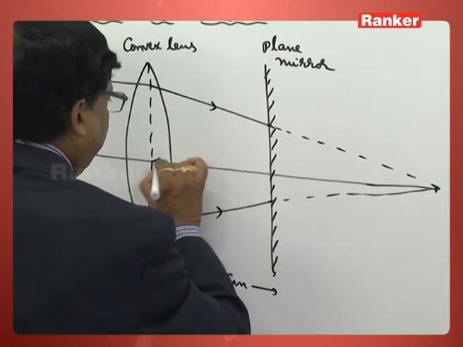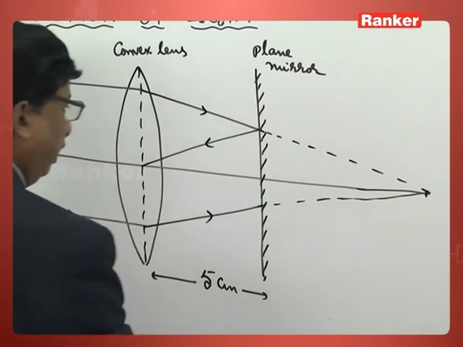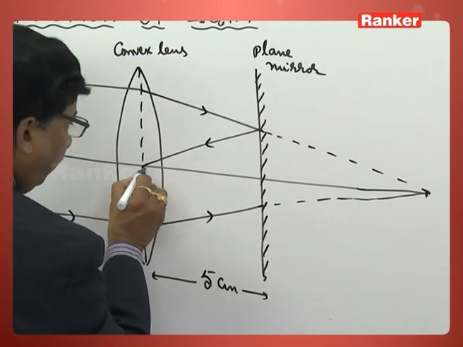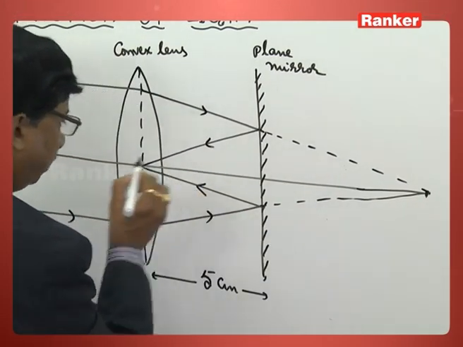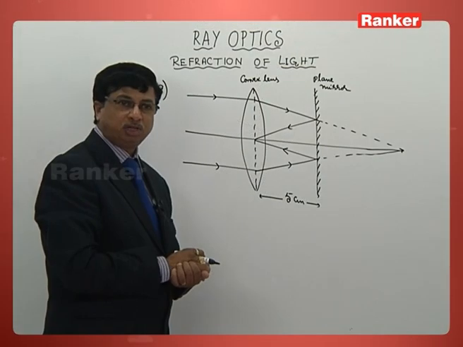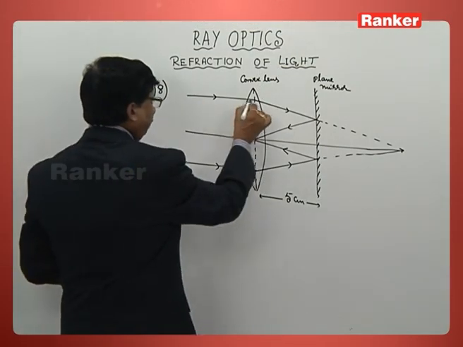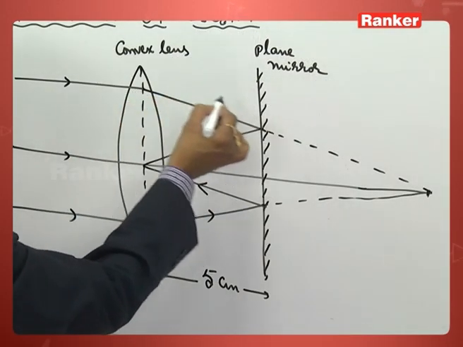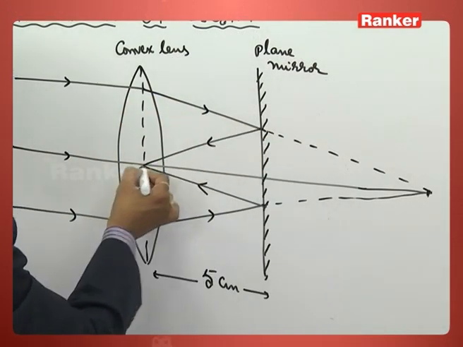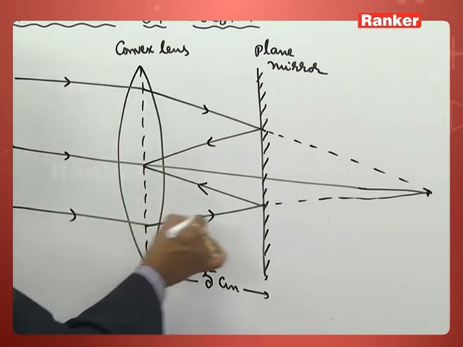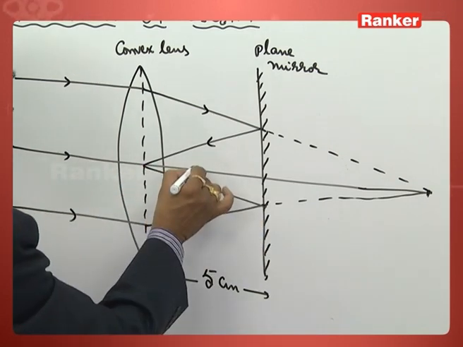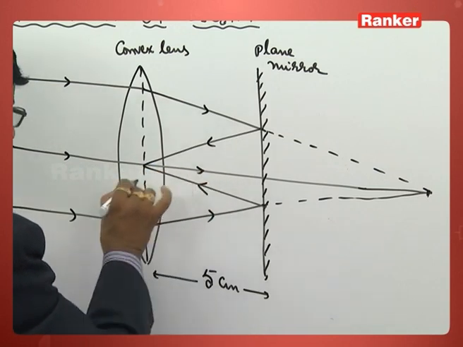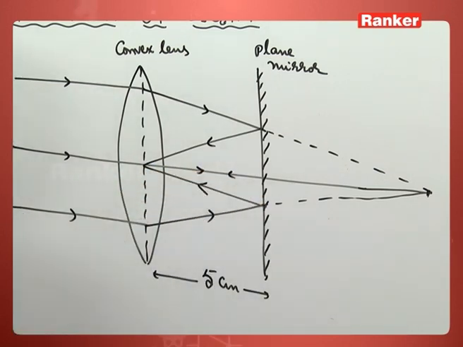This ray has been reflected this way. This ray has been reflected this way. Observe carefully. The ray whatever is just falling parallel to the principal axis is striking the plane mirror, reflecting, and this ray also is reflecting. This ray whatever is going straight along the principal axis also reflects like this.